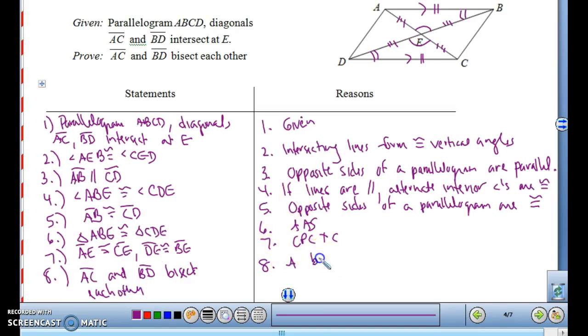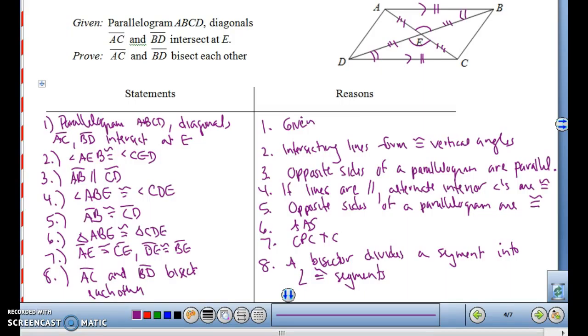A bisector divides a segment into two congruent segments. And since this has been bisected into two congruent segments, it must have been bisected. So there we go. So we have just proved that the diagonals of a parallelogram bisect each other.